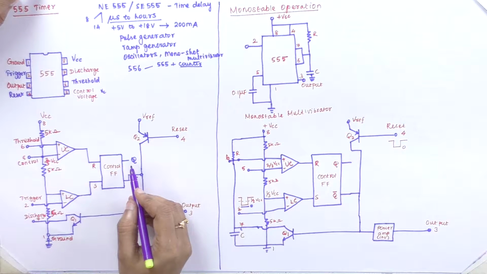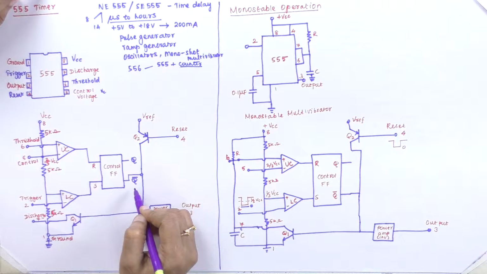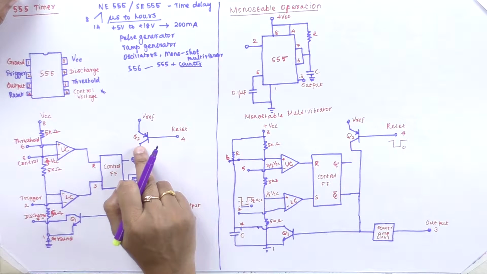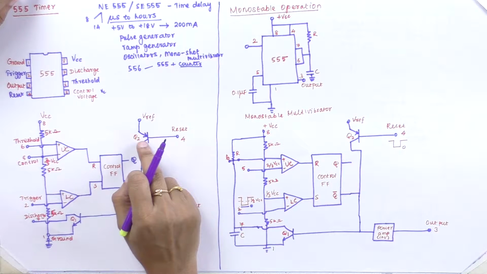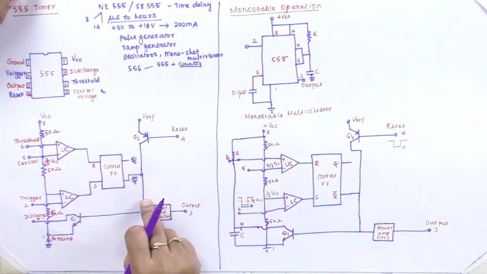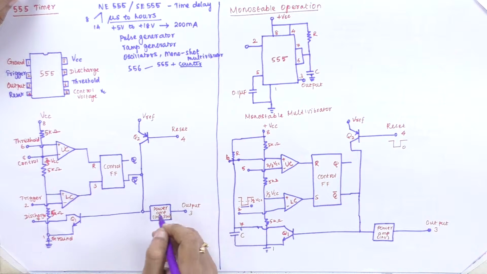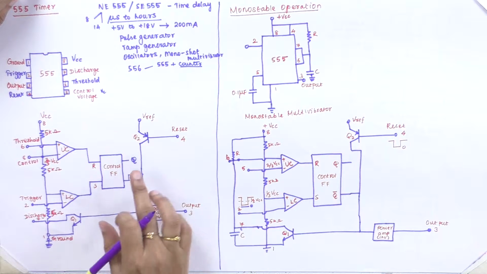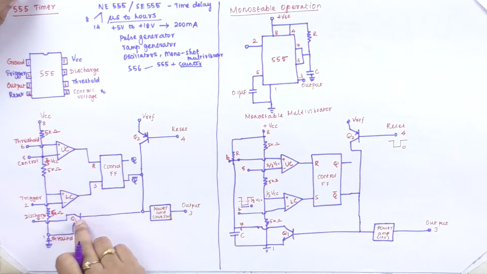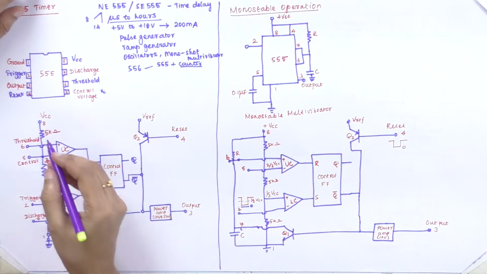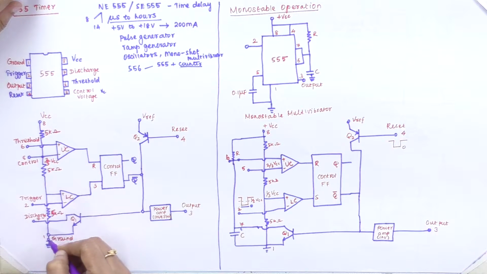The outputs of the flip-flop are Q and Q bar, and we have a reset terminal that is connected to the Q2 transistor. The output of this Q2 transistor is given to the power amplifier, which acts as an inverter, and this makes the input to the Q1 transistor. Here we have the main thing: three 5 kilo ohm resistors.